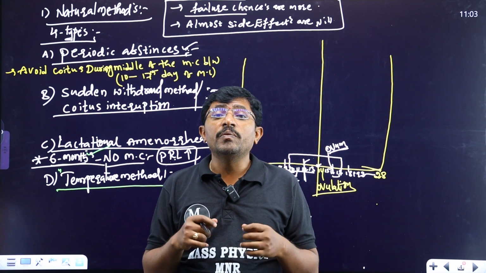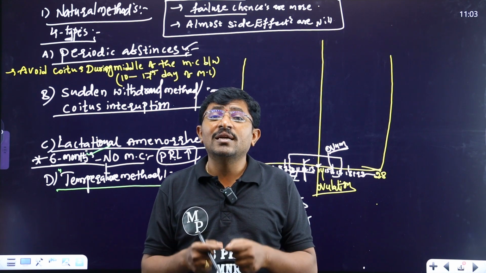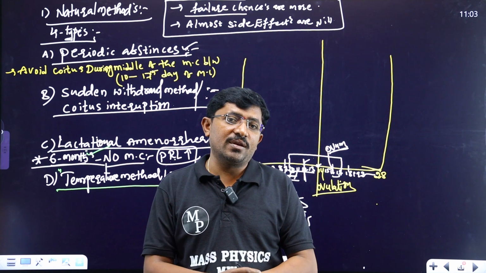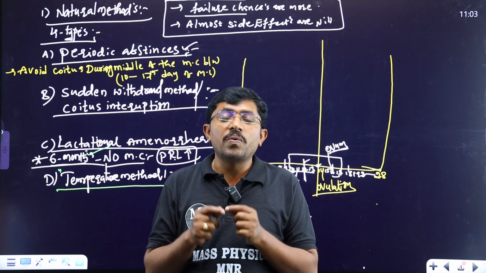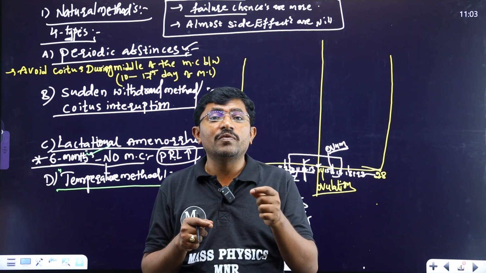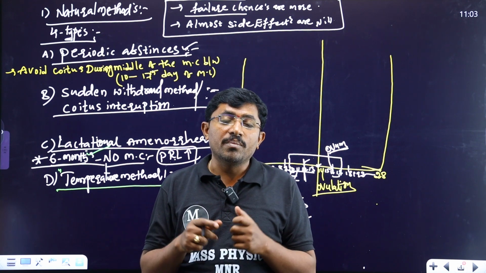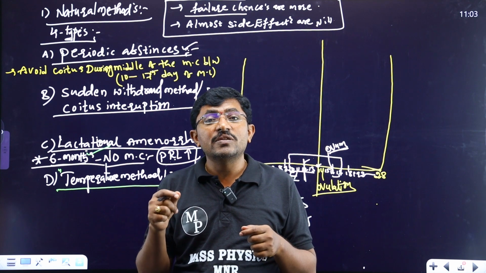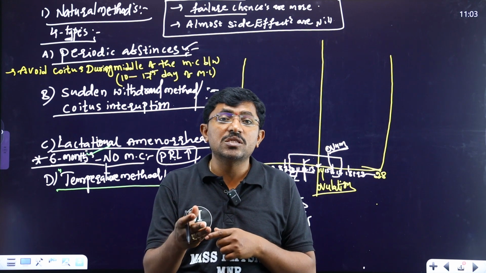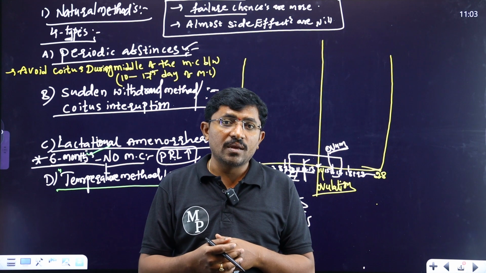The reason: sperm production does not take place even at 37 degrees Celsius. Understood? Sperm production takes place at 34.5 to 35 degrees Celsius only. Means under 37 degrees Celsius temperature, spermatogenesis will not take place.